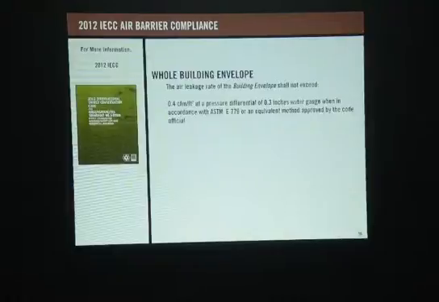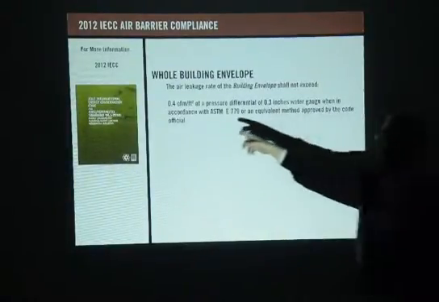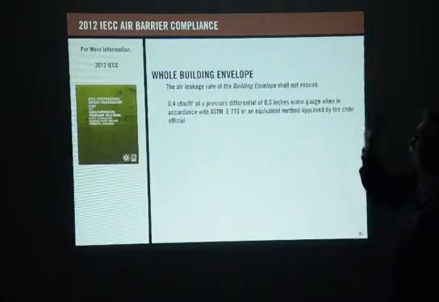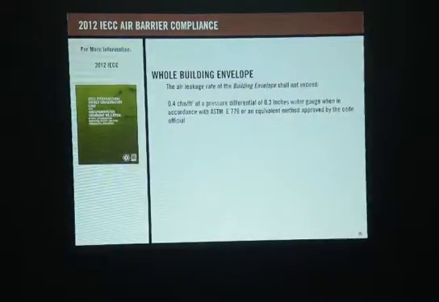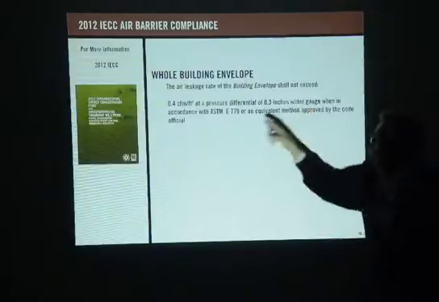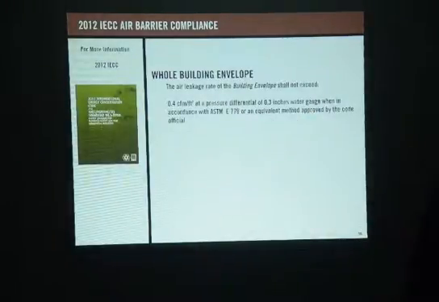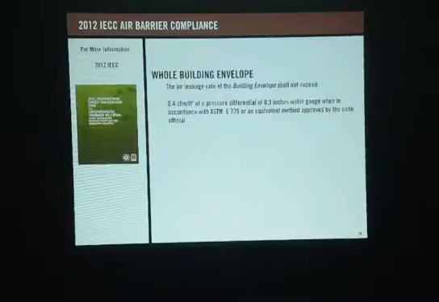And I promise this is the last slide. Air leakage rate of the building envelope shall not exceed 0.4 of a cubic foot per square foot at a pressure differential of 0.3 water gauge in accordance with ASTM E779. Now that pressure difference, is that the normal condition that we have here in Southern California?